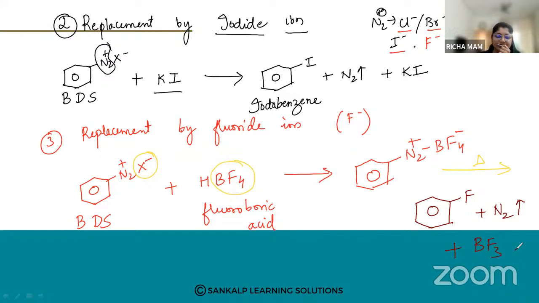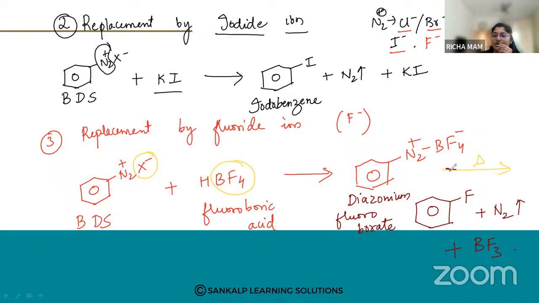So when diazonium chloride, diazonium salt, is treated with fluoroboric acid, it forms diazonium fluoroborate.